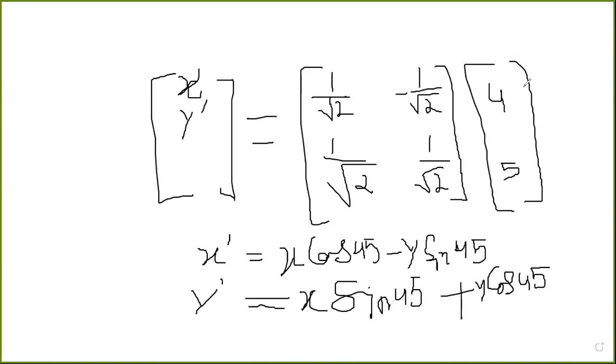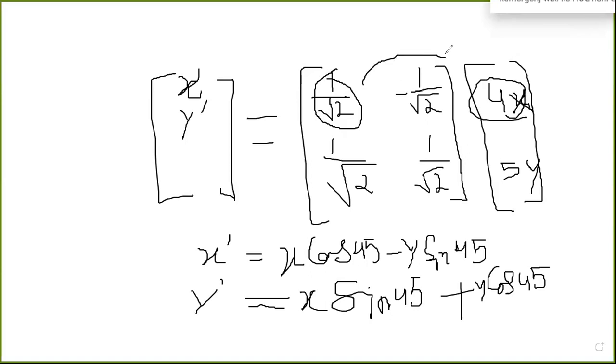See, this is x, this is y, this is cos theta. If you multiply, this x is multiplied with this, y is multiplied with this, so you will get x cos theta minus y sin theta.